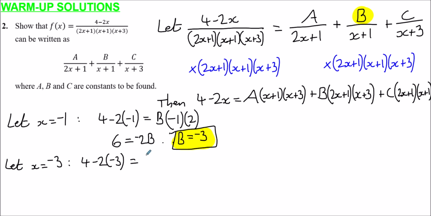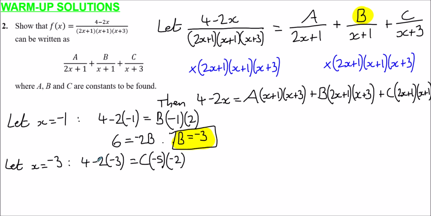So I'll have c, then brackets: if x is negative 3, 2 times negative 3 is minus 6, plus 1 is minus 5, and minus 3 plus 1 is minus 2.